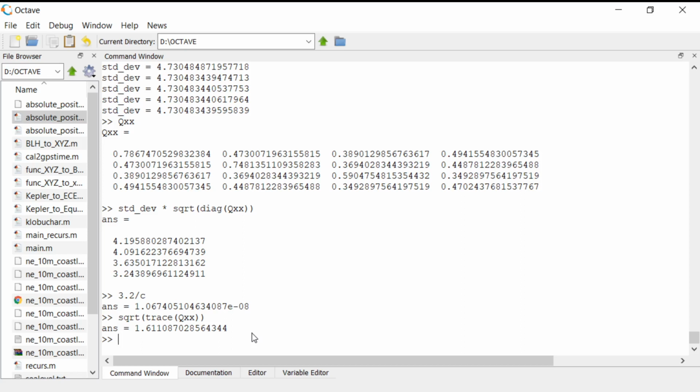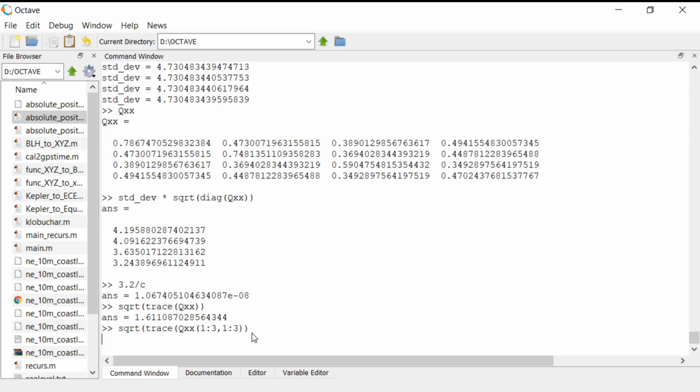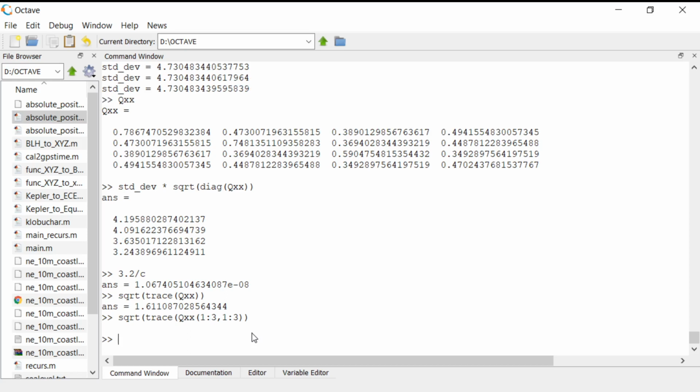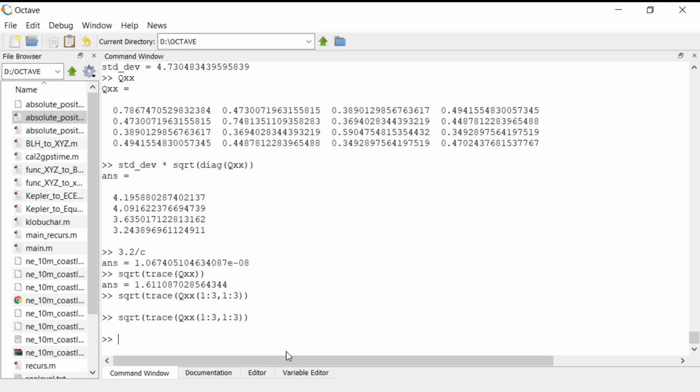So if we include the first 3, these x, y, and z components, we will obtain Qxx 1 to 3, 1 to 3.